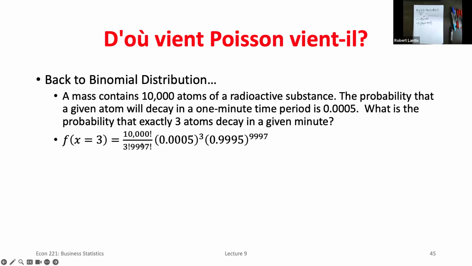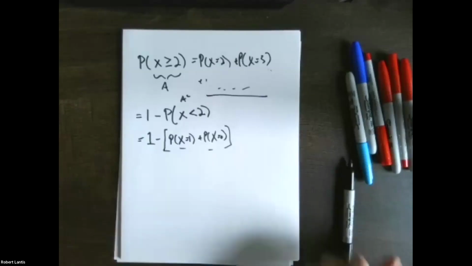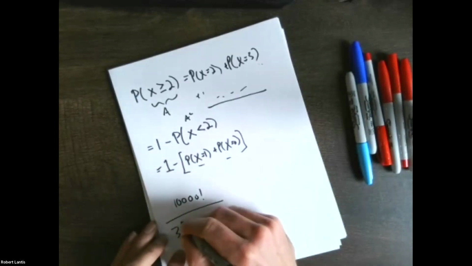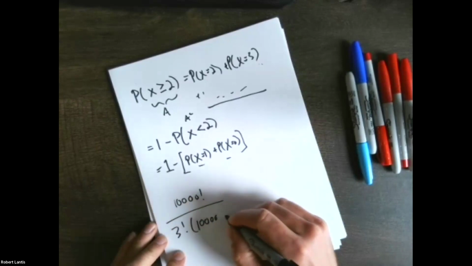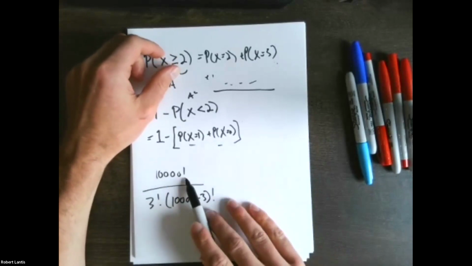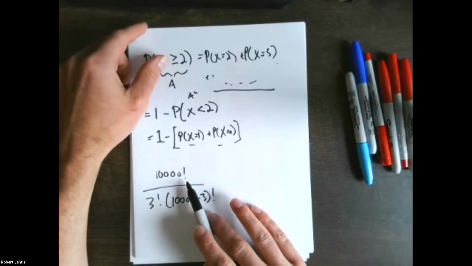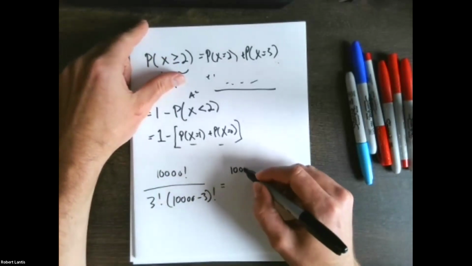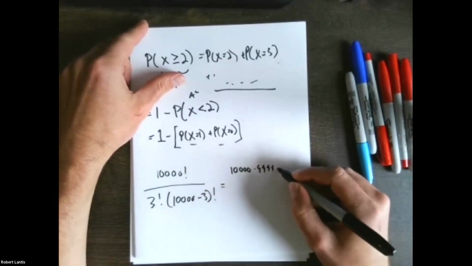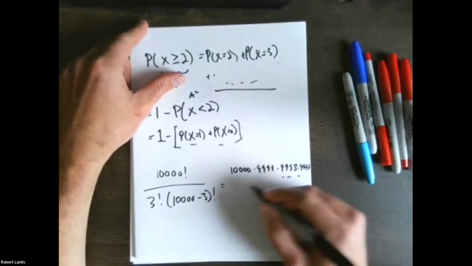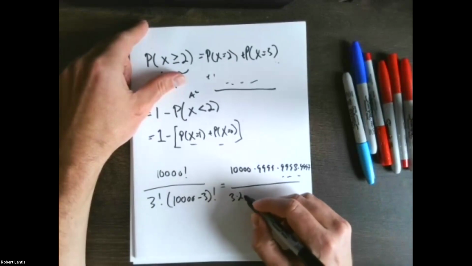I don't think I have this in the slides, but I think it's worth showing. Let's say I had 10,000 factorial over 3 factorial times 10,000 minus 3 factorial. That's just the first part of it. If I put 10,000 factorial in my calculator, it'll get mad and won't work. But if I rewrite this, it's 10,000 times 9,999 times 9,998 times 9,997, and so on, down to 3 times 2 times 1.